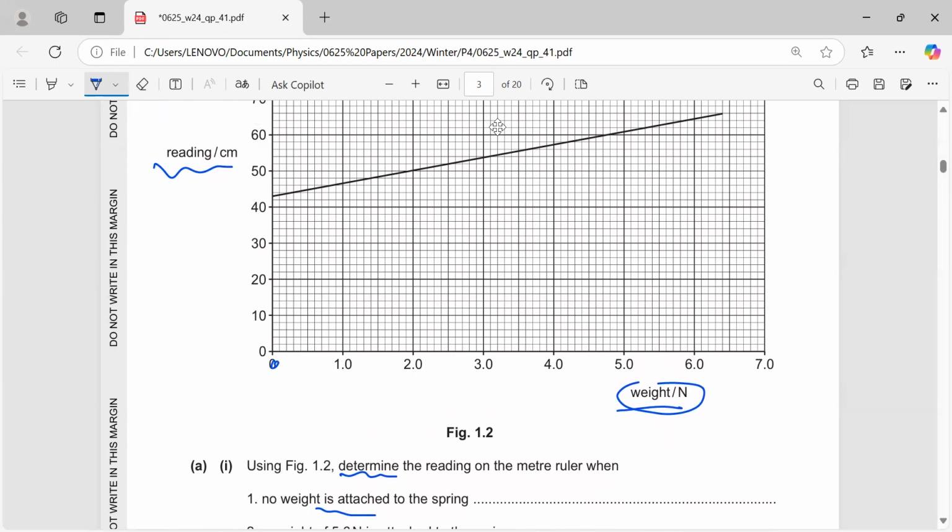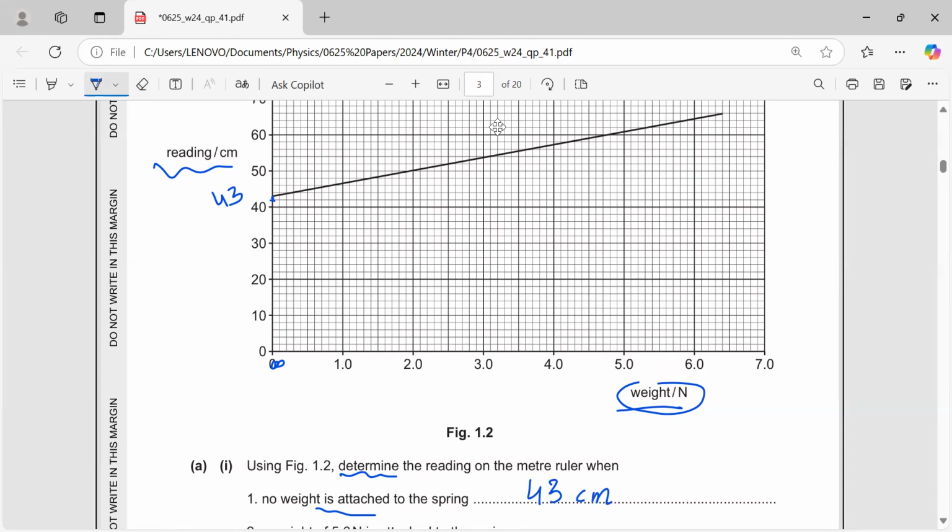The dot starts between two lines, where one is 42 and the other is 43. So the reading on the vertical axis is 43 at the point where it starts. We can write here that the reading will be 43 centimeters.